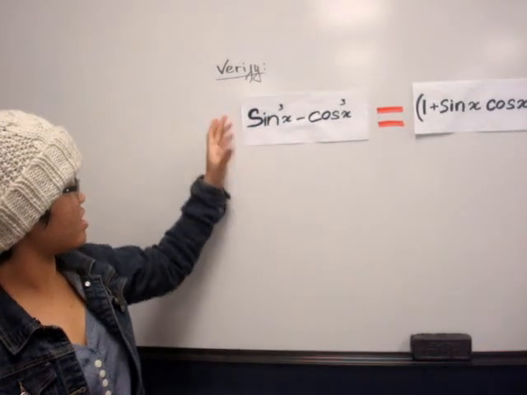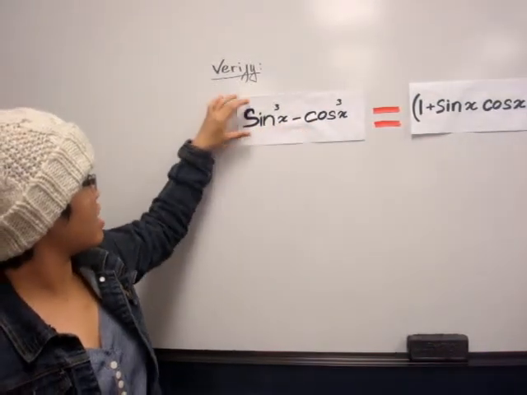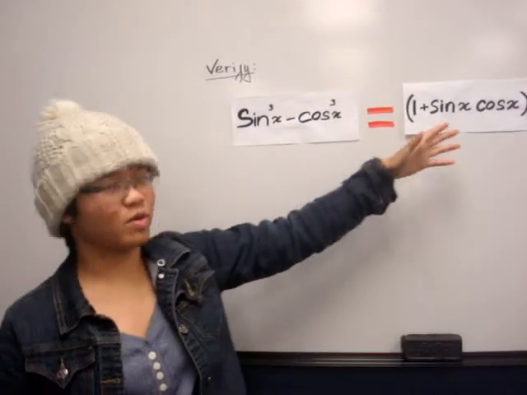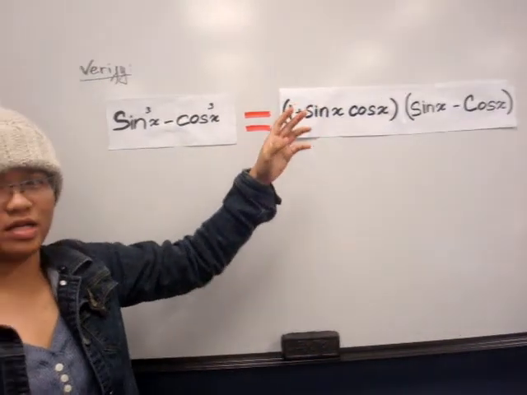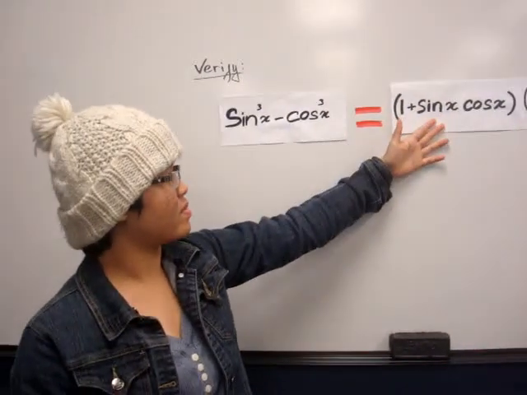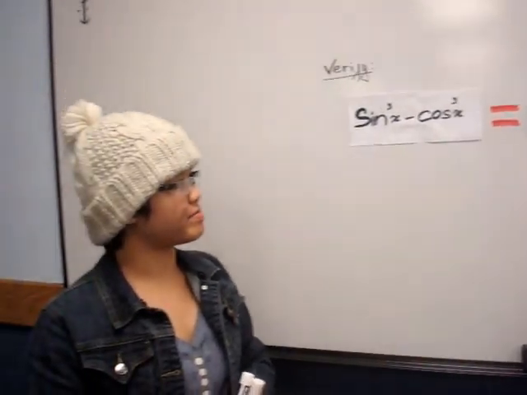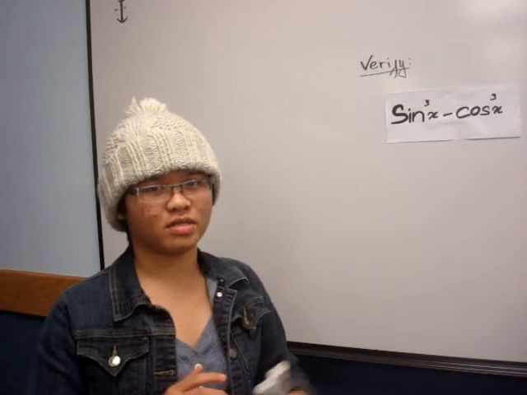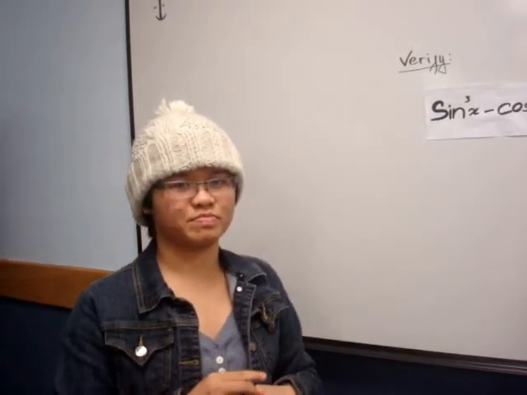The first way, I'm going to change the left side to equal the right side, and the second way, I'm going to make the right side equal the left side. But today I want to show how to make the left side equal the right side.